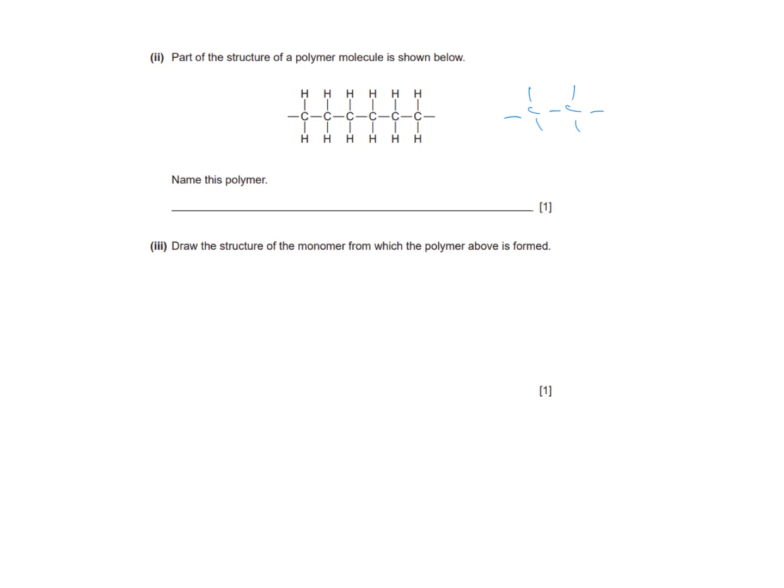So this polymer would be polyethene, or you could say just polythene. So draw the structure of the monomer from which this is made. So what we do is take this repeating unit and we remove the bonds either side, and then we put a double bond in between the carbons. And what we end up with is our ethene monomer.